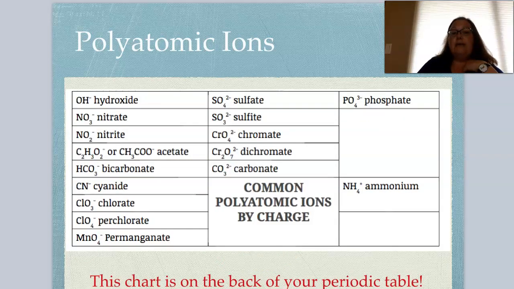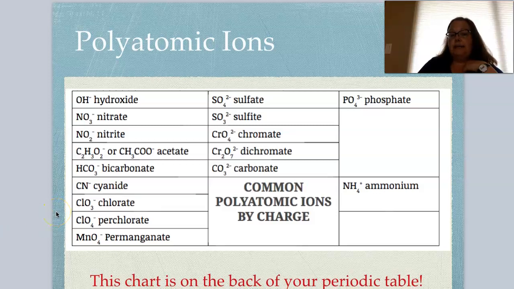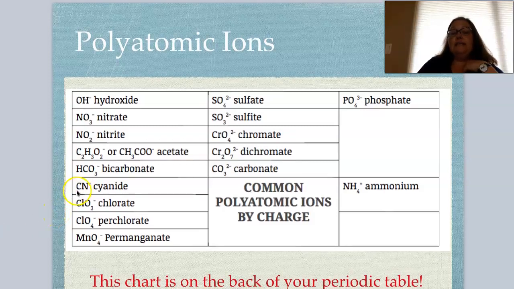You actually have this chart on the back of your periodic table right now. So if you see an ion, say OH-, and I asked you for its name, you would say hydroxide or hydroxide ion. If I asked you to write the symbol for hydroxide, you would write OH-. And these are, as I said, right on the back of your periodic table.